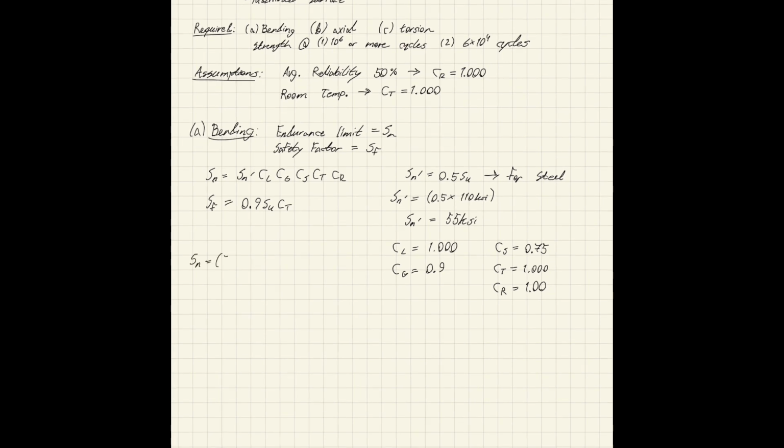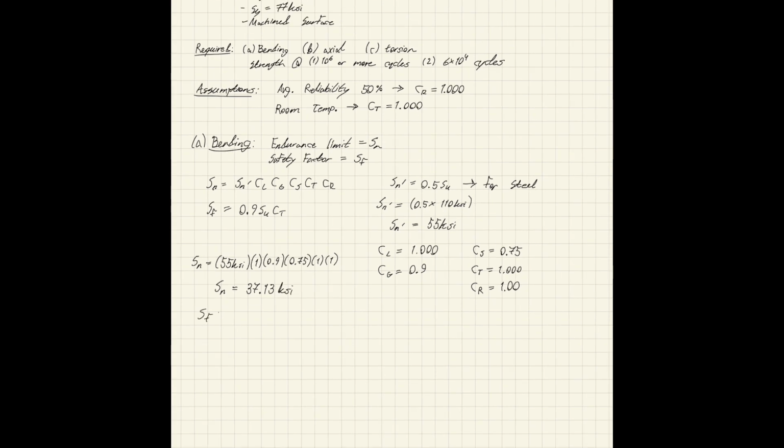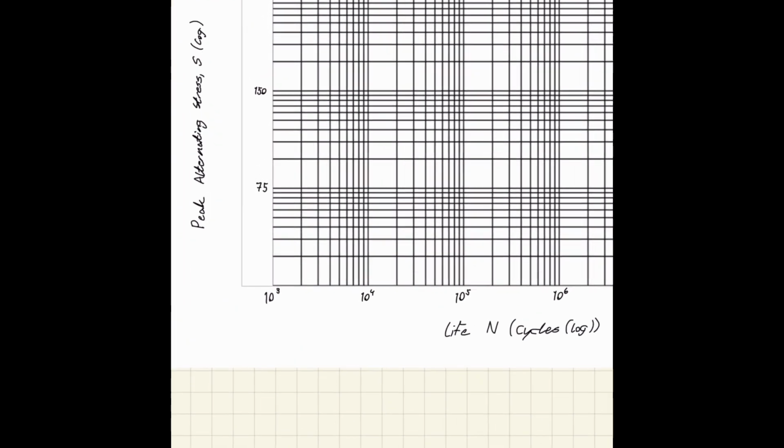So now for the calculation, SN is equal to 55 KSI times 1 times 0.9 times 0.75 times 1 times 1. SN is therefore equal to 37.13 KSI. Now we must calculate SF, which is equal to 0.9 SU CT, which is 0.9 times 110 KSI times 1. This gives us SF equal to 99 KSI. Now let's go over to our SN curve.